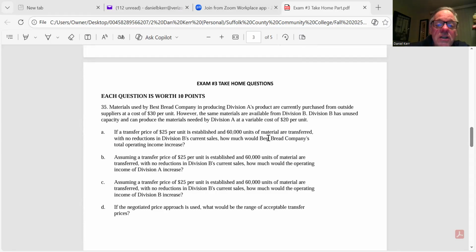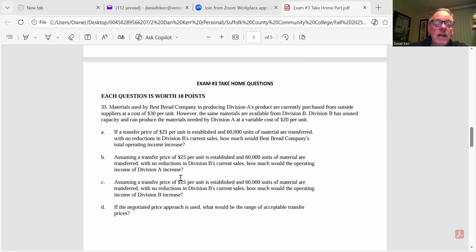So that's, with a transfer price of $25 and no reductions in B's sales, how much would Best Bread's total operating income increase? So that's for A, you want the total operating income. And then in B, assuming a transfer price, with no reductions in B's current sales, how much would the operating income in Division A increase? And then in C, same information, how much would the operating income of B increase or decrease?